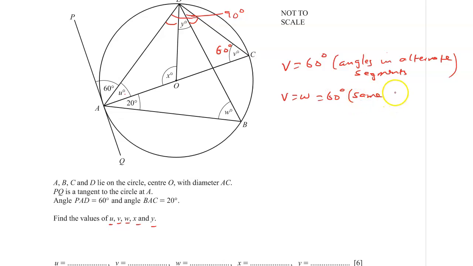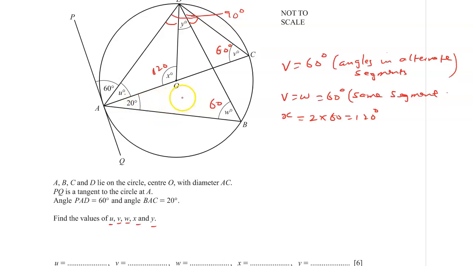They are in the same segment, so W is 60 degrees, and therefore X, this X right here, is twice this angle here, which is 2 times 60, which is 120. So this is 120 right there. So that's 120.